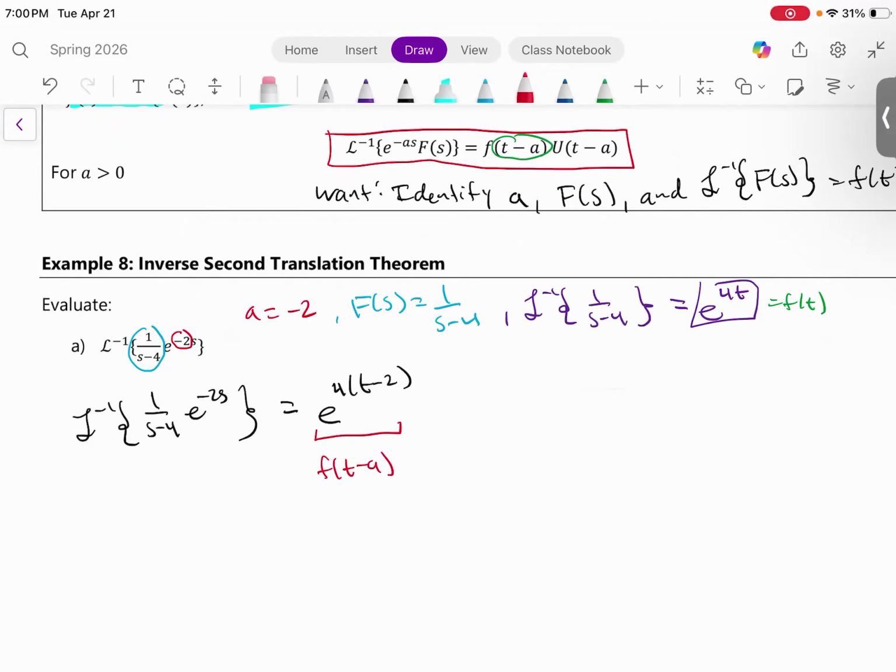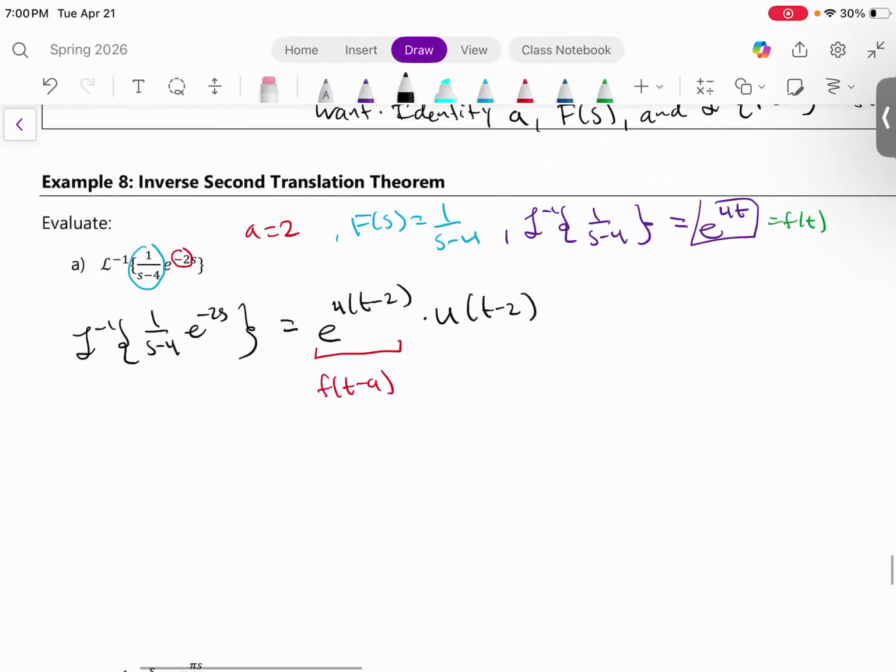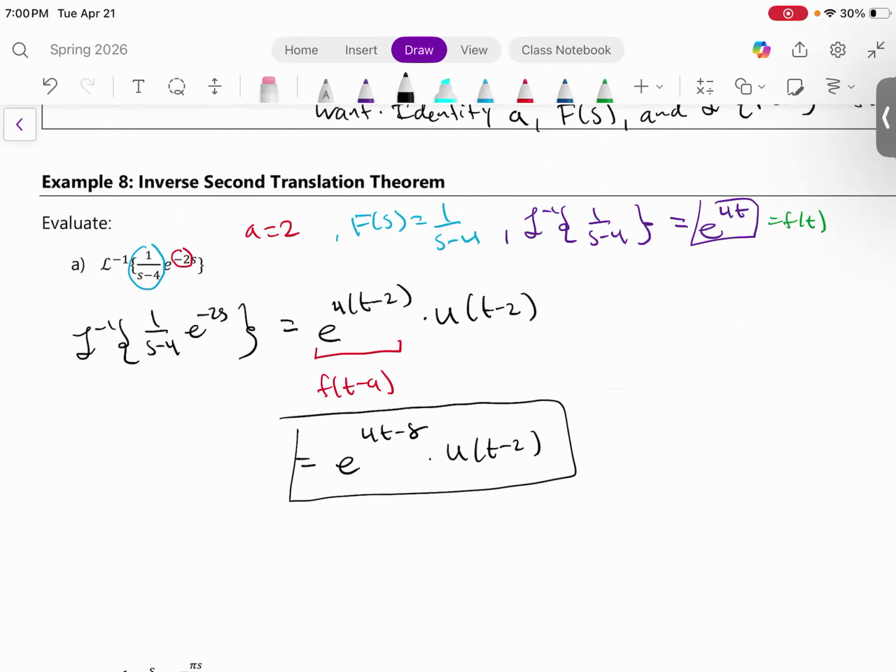My a is 2, excuse me, not negative 2, it's regular positive 2. This is f of t minus a, times a unit step function of just t minus 2. You could clean this up if you want, like e to the 4t minus 8 times u of t minus 2, but that would be our answer.